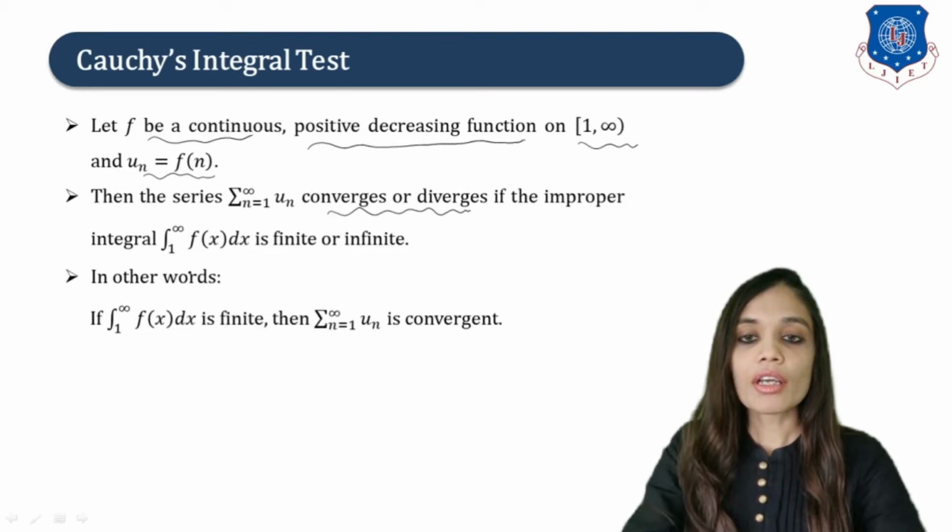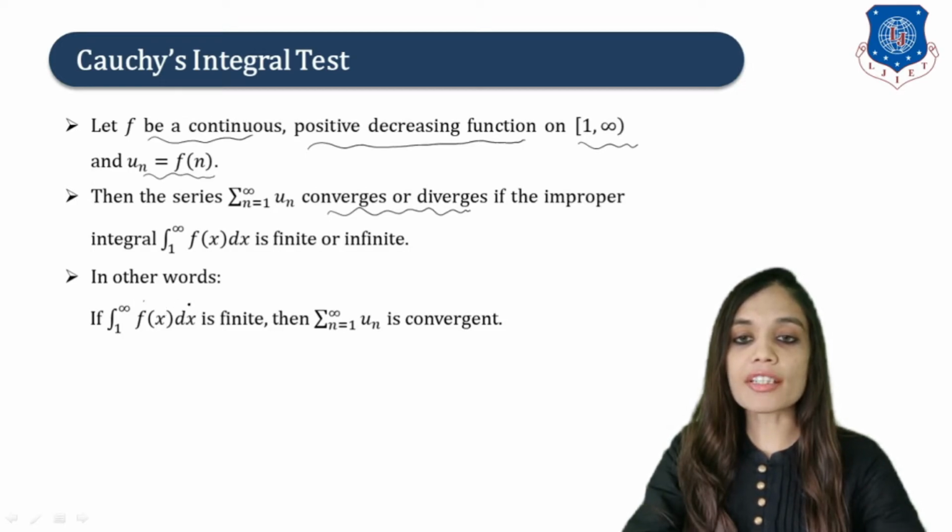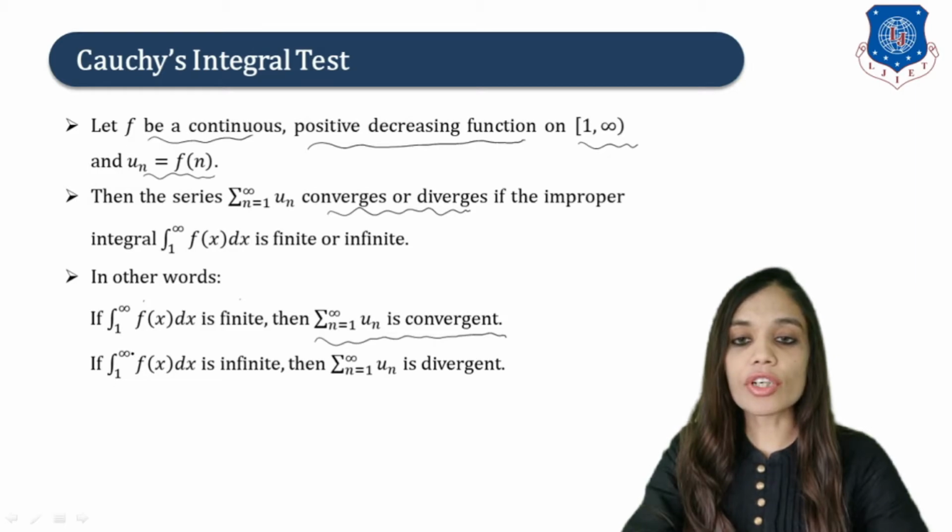That is, if integration 1 to infinity f of x dx is finite, then we can say that our given series is convergent. And if integration 1 to infinity f of x dx is infinite, then we can say that our given series is divergent.